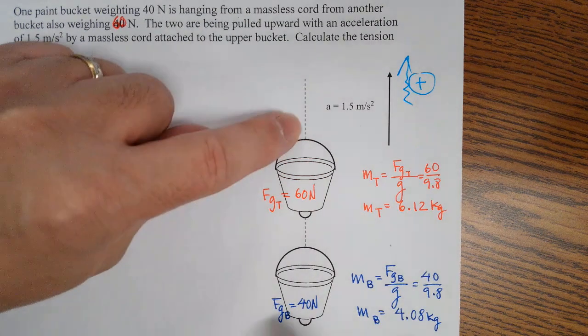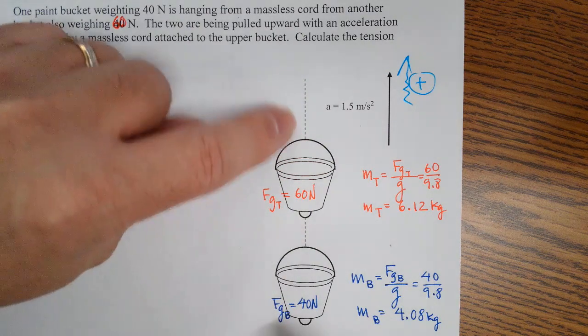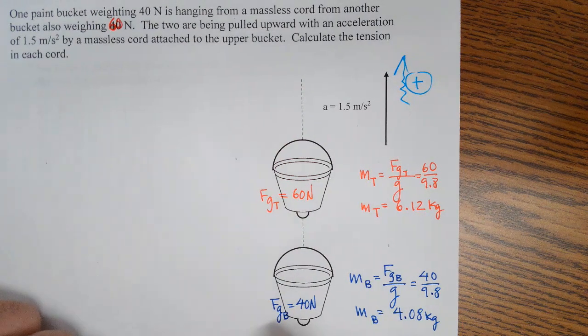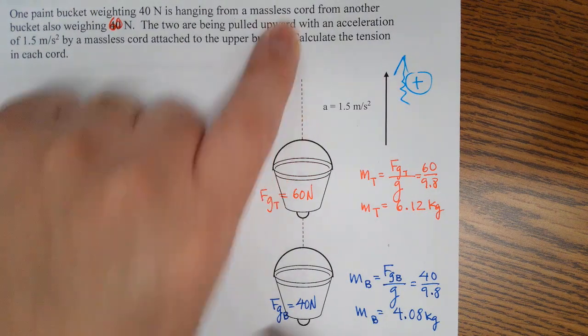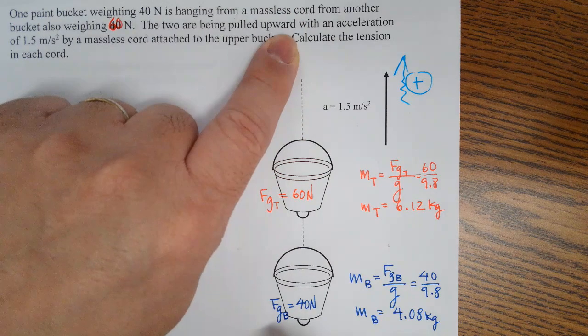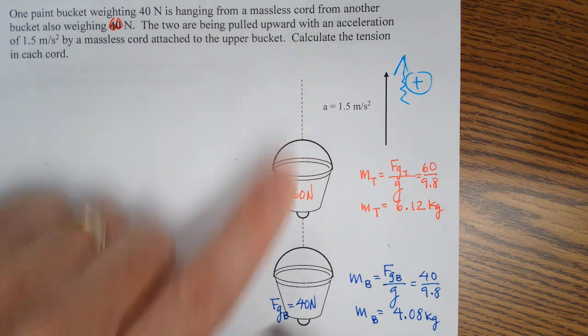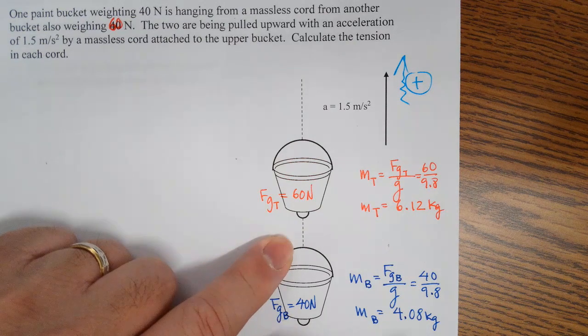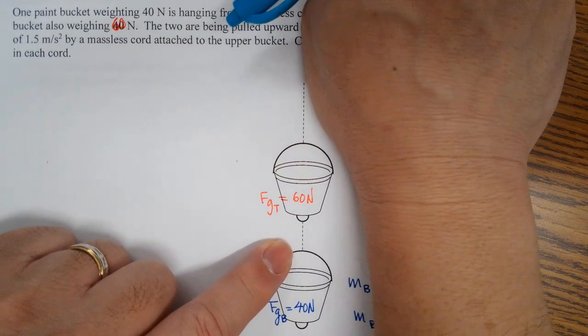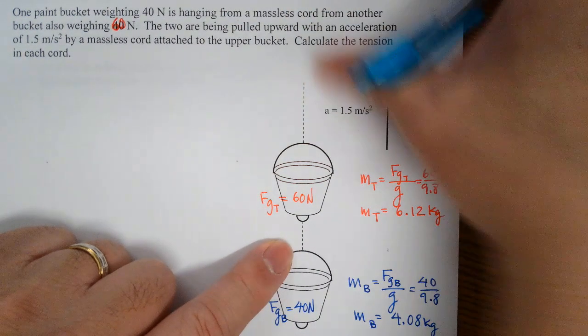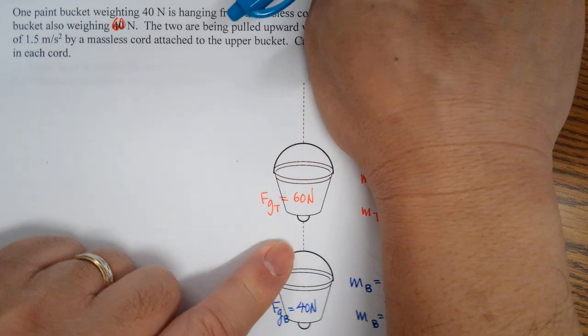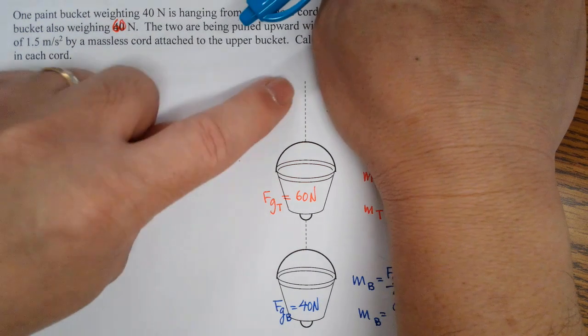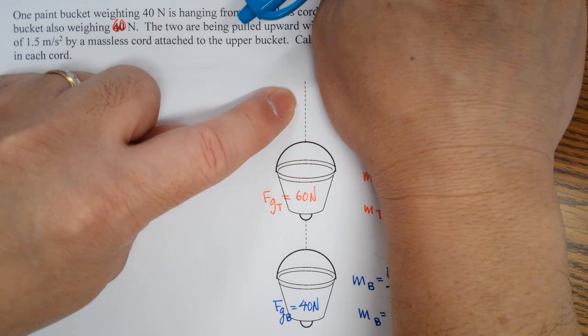There are invisible tensions here that you cannot see, but obviously the tension of this is going to be much greater than the tension of this. Does that make sense? Let's say this is not accelerating, like it's just hanging on the top of the ceiling. What would this tension be here?